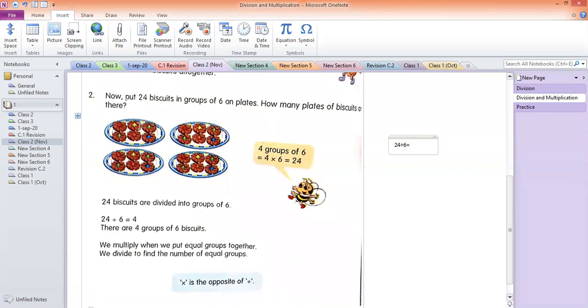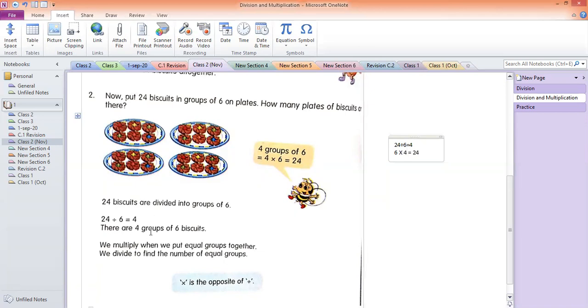So I can check the table of 6. How many times should I read the table of 6 in order to get 24? So 6 1 6, 6 2 12, 6 3 18, 6 4 24. Or I can also write 6 multiplied by dash equals 24.